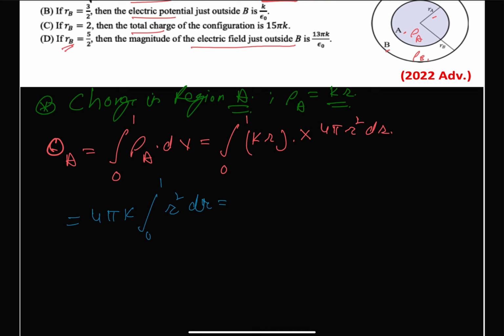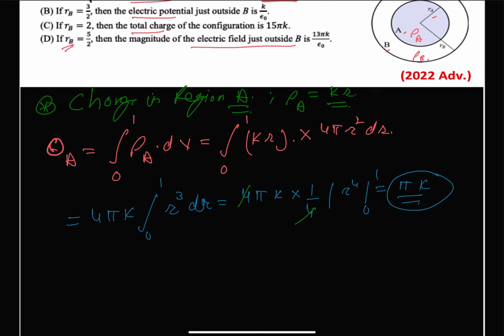This is r cube, so this will be coming as r to the 4. So this comes as 4 pi k times 1 upon 4, and here we have r to the 4 from 0 to 1. So 4 goes with 4, and this comes as 1. So we get our charge will be equal to pi times k. So this is the value of QA.